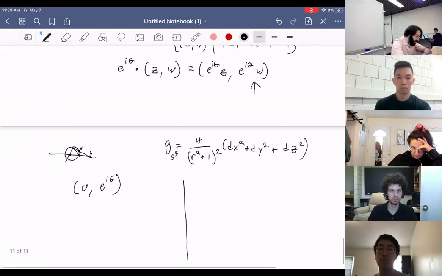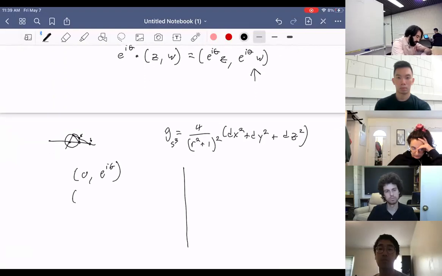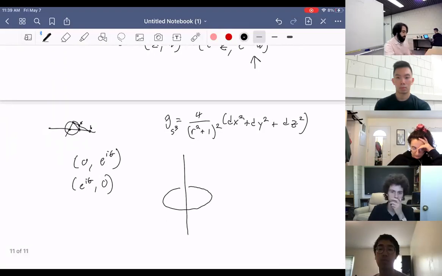And a circle in the first C direction is going to project down to the unit circle in the xy plane. And both of these are geodesics because we can think of these as the fixed point set of a rotation isometry.